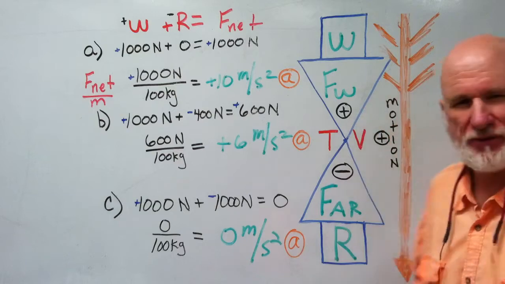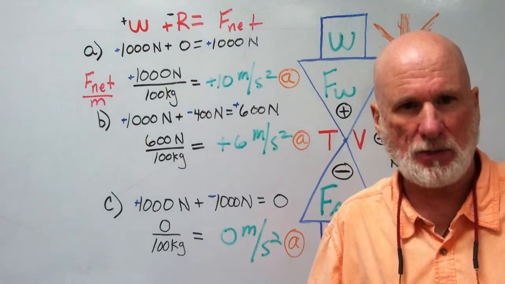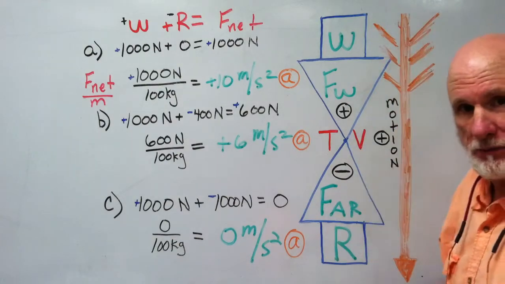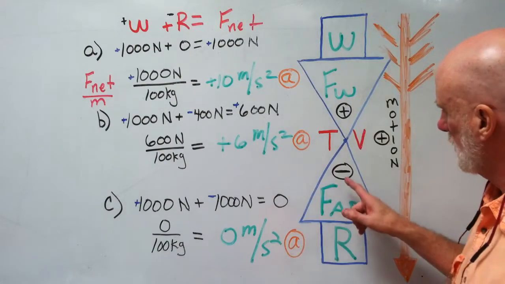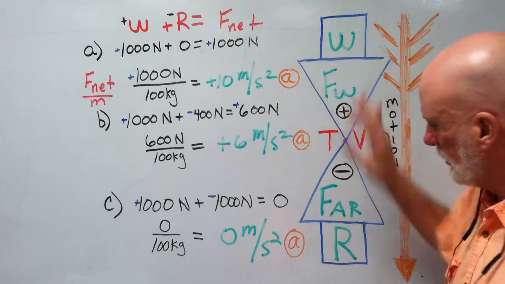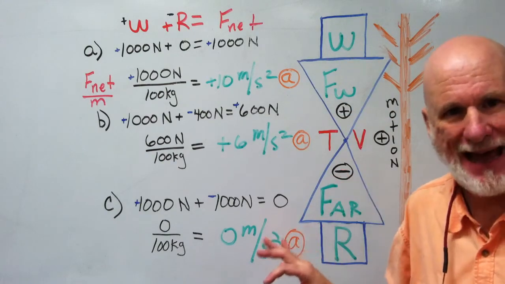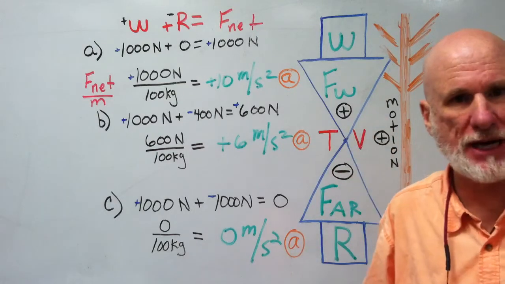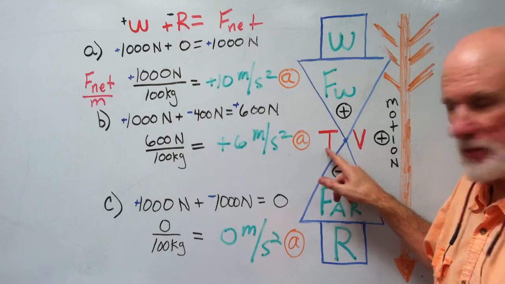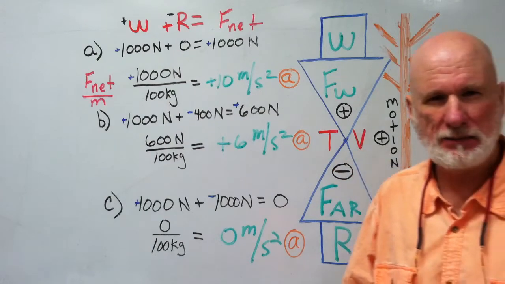Upward, that friction, that air, we call it air resistance, but it's friction. Contrary, the opposite direction, negative. F_W, F_AR equals 0, equal and opposite. Terminal velocity. Easy? Yeah? Okay.